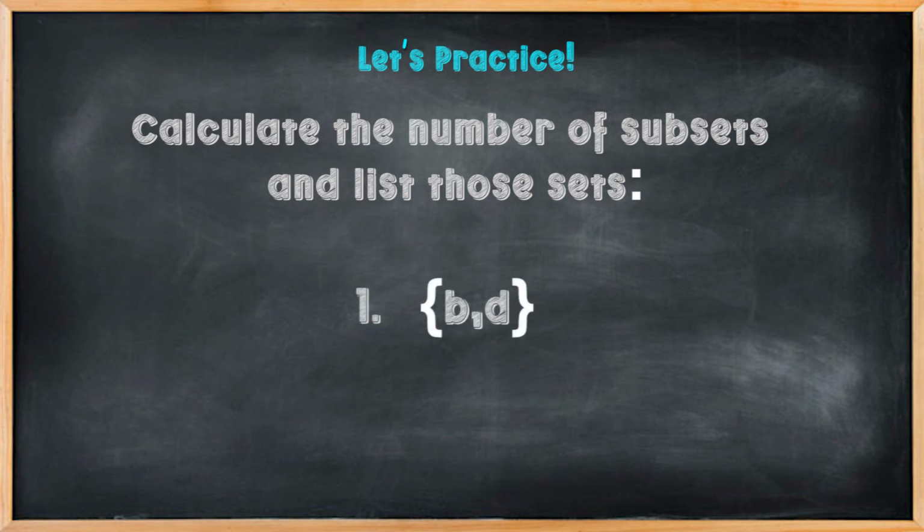Let us look at the first one. In this set, we have the members B and D. So the first thing you're going to do is to use the formula 2 to the n power to calculate the number of subsets in this set.